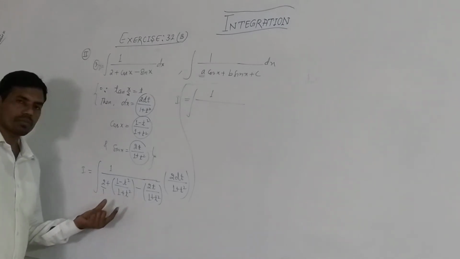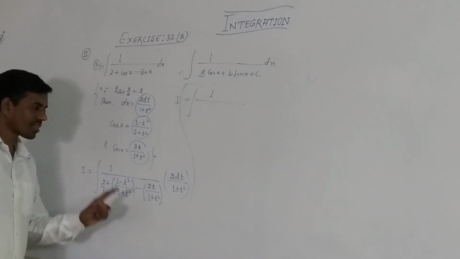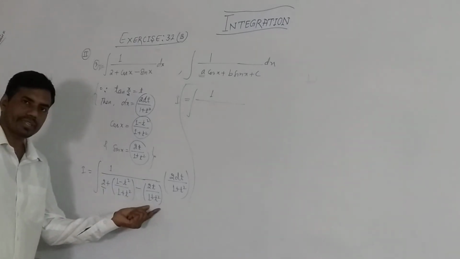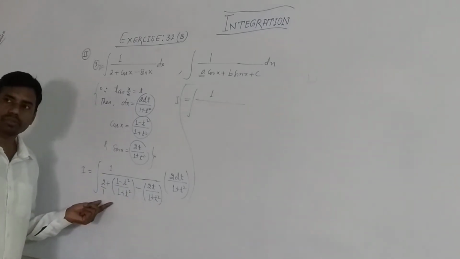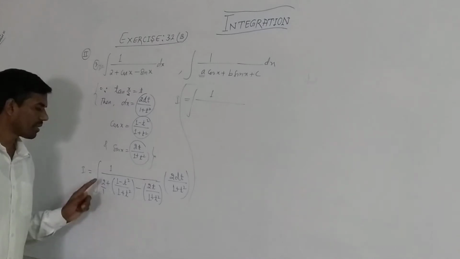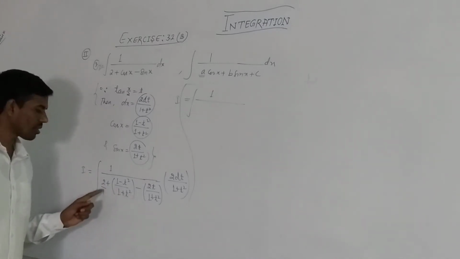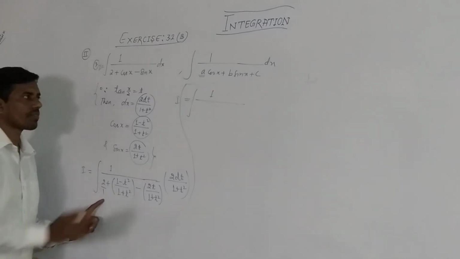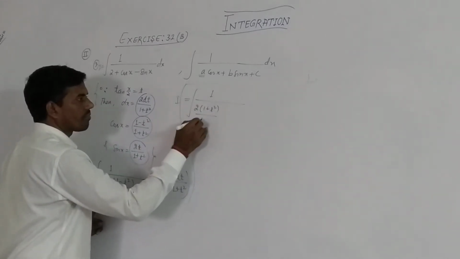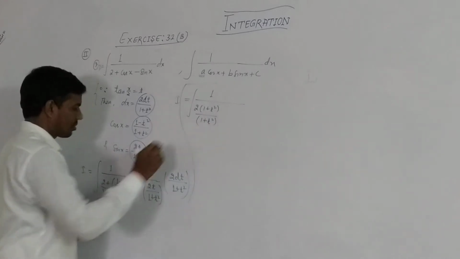Since there are 3 terms, in the two fractions the denominator is 1 plus t square, but in the first term the denominator is 1. So we have to equalize the denominator by multiplying and dividing by 1 plus t square. We get twice of 1 plus t square upon 1 plus t square.